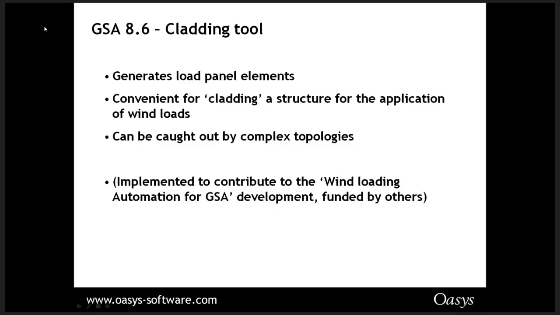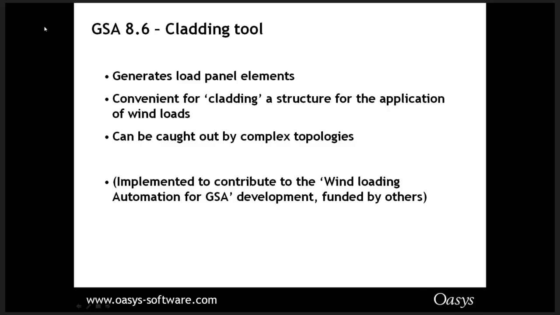Word of warning, what seems like a very simple operation is actually quite a complicated mathematical problem. And so while the tool does its best, it can be caught out if the topology is too complex. So it will work quite well for simple models, but if you get into quite complex topologies, you may find that it just gives up and isn't able to generate things for you.